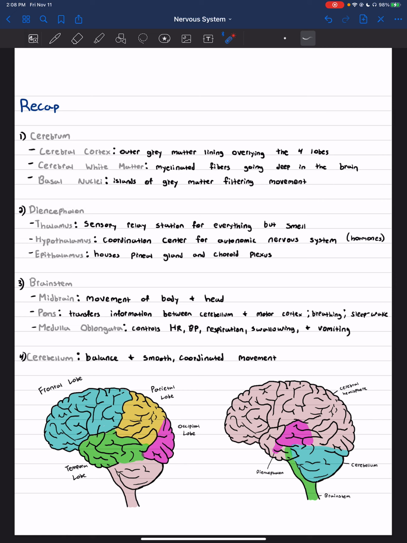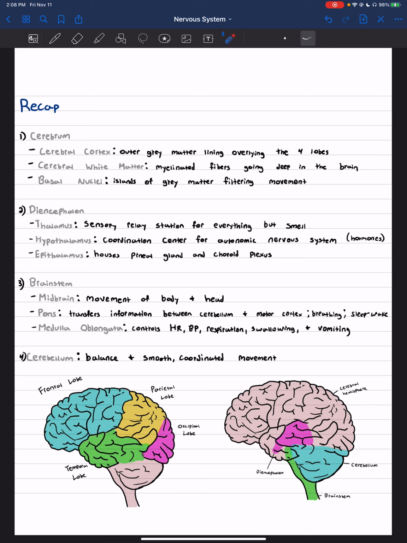The second primary region of the brain is the diencephalon. So the diencephalon has three structures: the thalamus, the hypothalamus, and the epithalamus. The thalamus is a sensory relay station for everything but smell. For smell, it'll go directly to the olfactory cortex just because of how our olfactory bulb is set up.